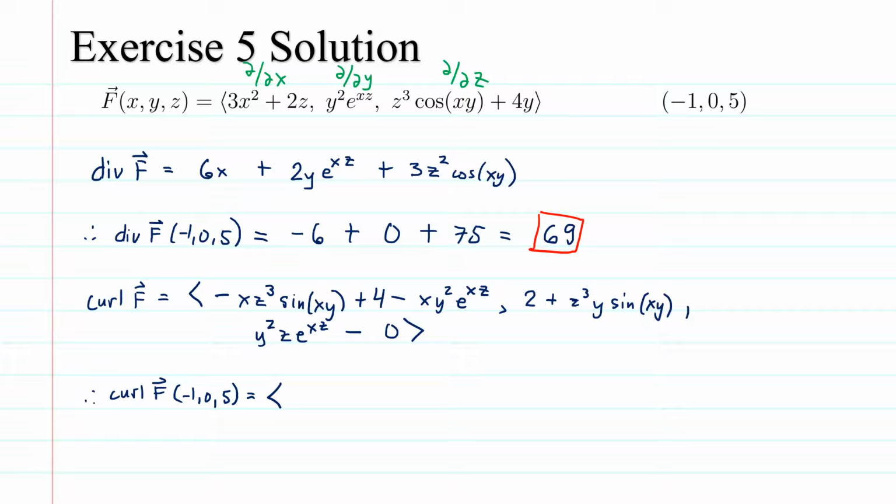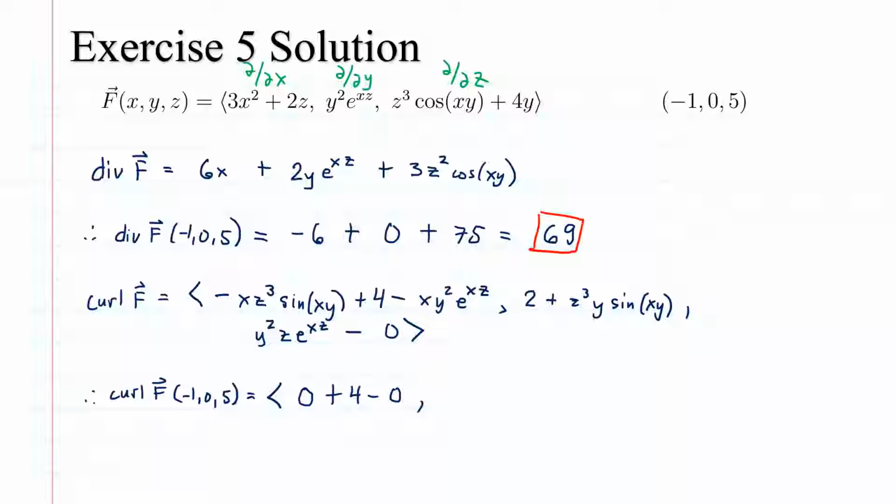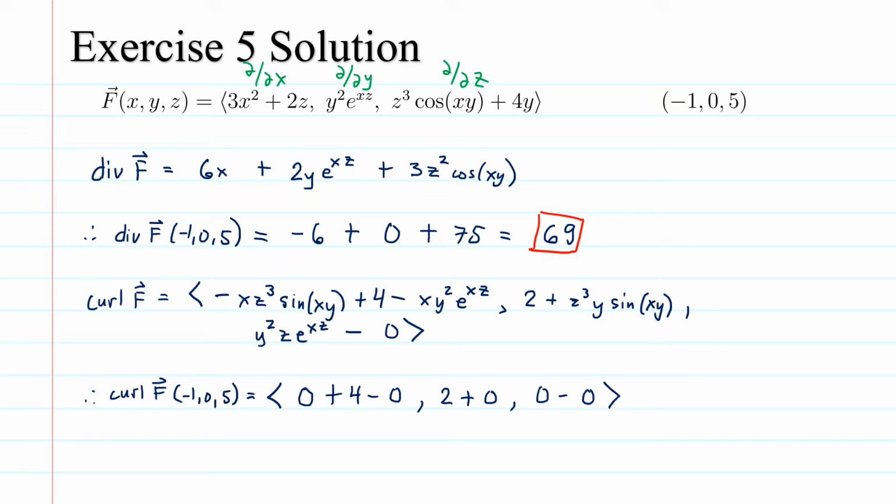So yung first component ay 0 dahil dun sa sine xy plus 4 minus 0 so y squared. Second component ay 2 plus 0 tapos yung third component ay 0 minus 0. Okay, tapos simplifying this vector, this is the vector 4, 2, 0.